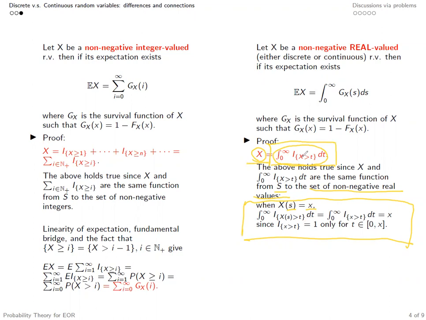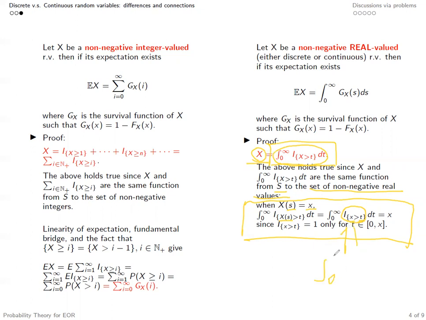Now, if we plug in this s, X(s) is equal to x. So this indicator function is only equal to 1 in the interval from 0 to x. Only when t takes value from 0 to x is it equal to 1. Otherwise, if t is larger or equal to x, then this indicator function is simply 0.